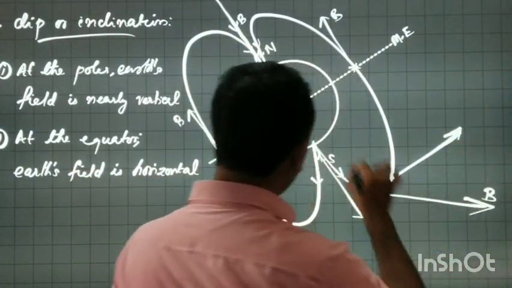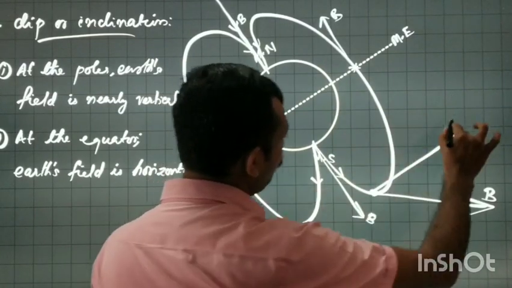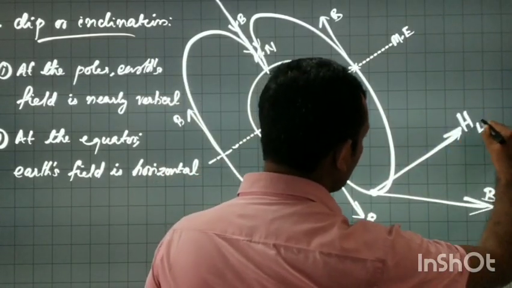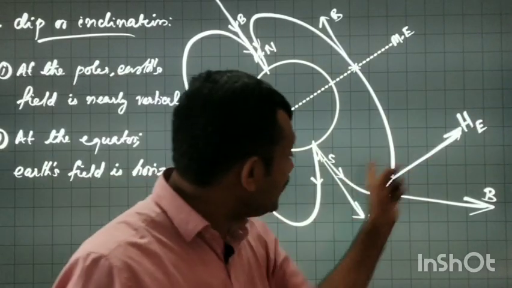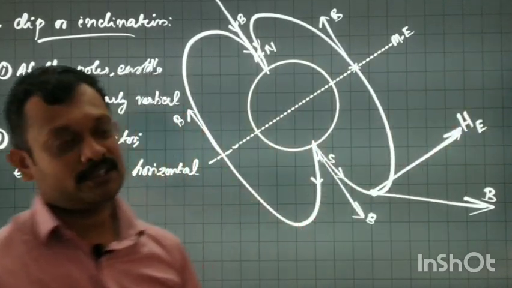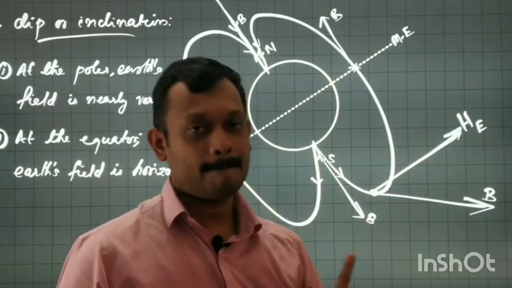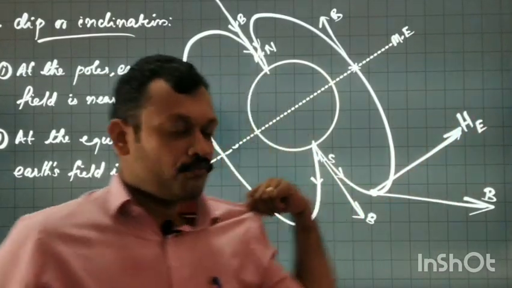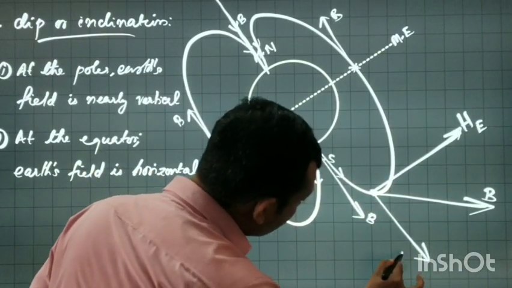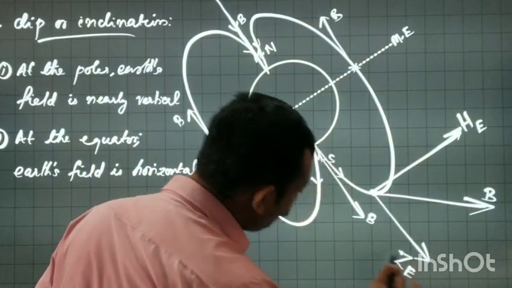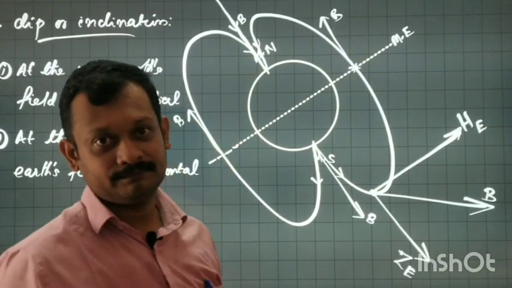This is one component which is parallel to the surface of Earth, which I will represent as HE, as given in the NCERT book. Now this component is perpendicular to the surface of Earth, that is ZE.